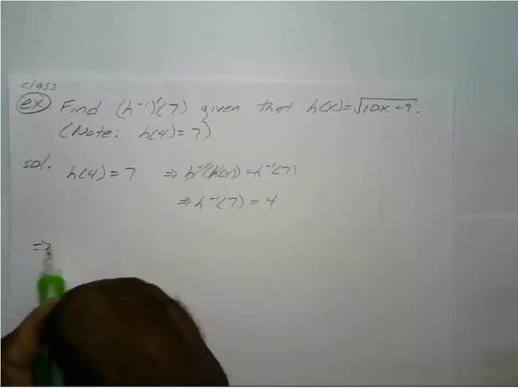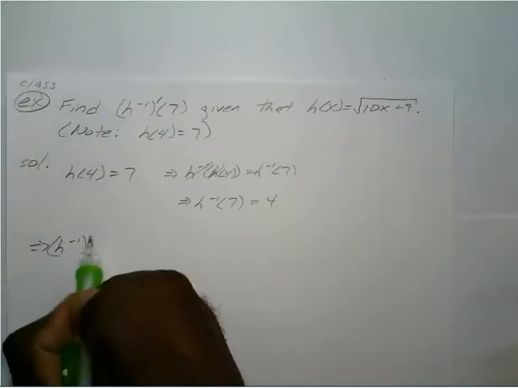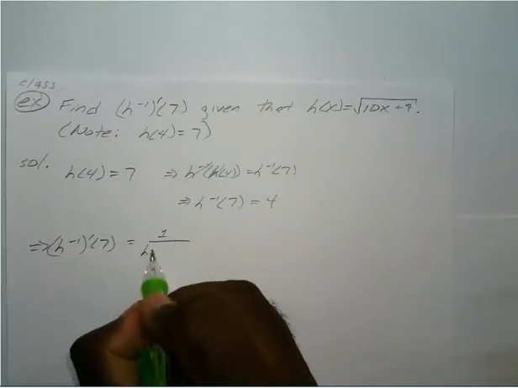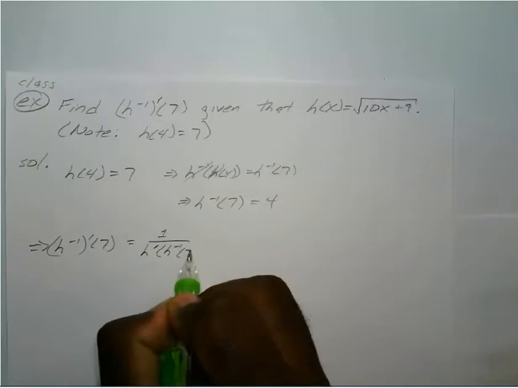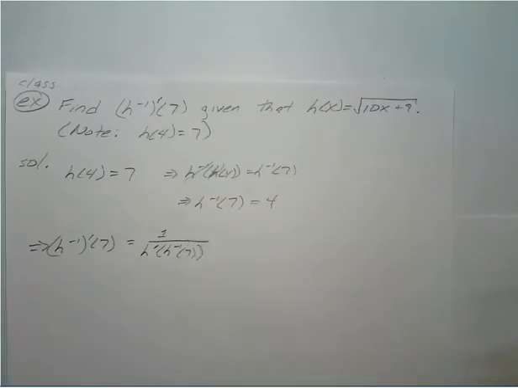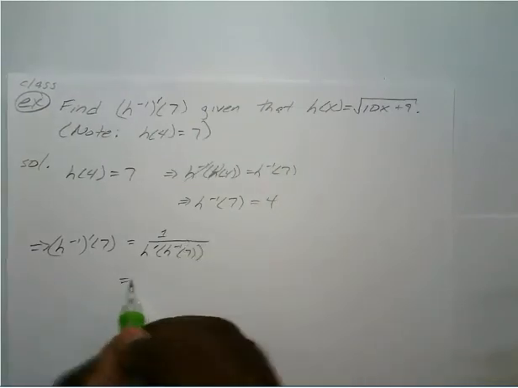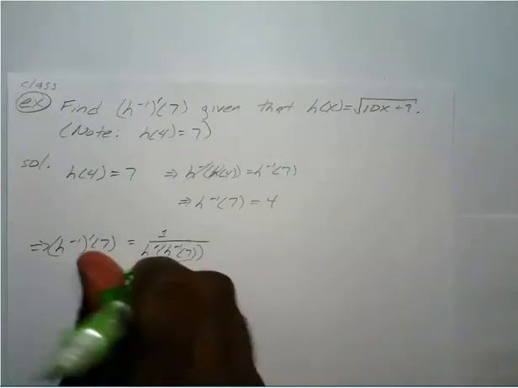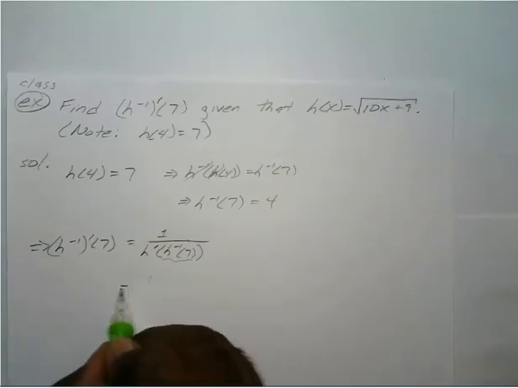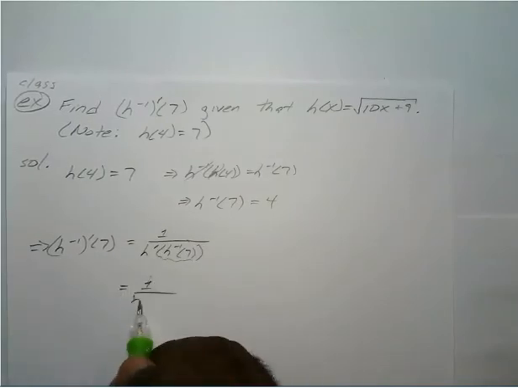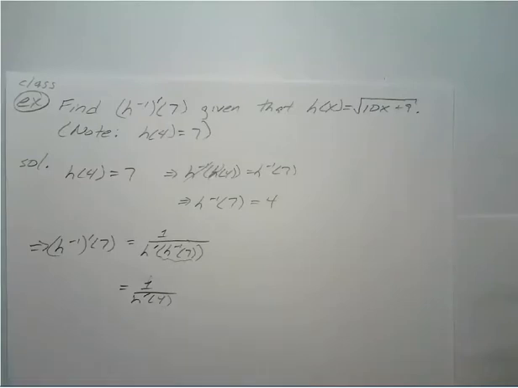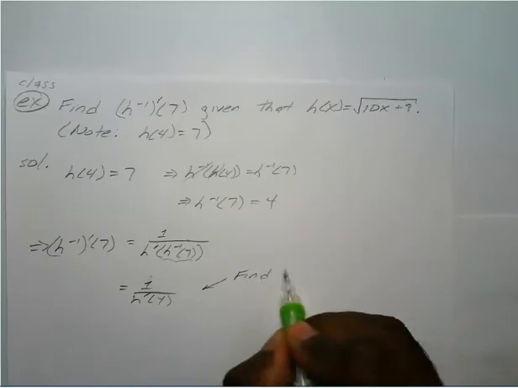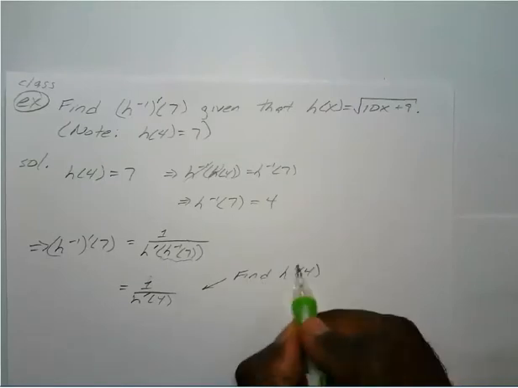Okay, so using our formula, h inverse prime at 7 is equal to 1 over h prime at h inverse of 7. Since h inverse at 7 is equal to 4, that's equal to 1 over h prime of 4. Okay, so just like before, we find our h prime at 4.